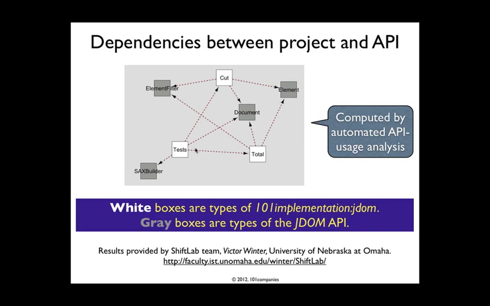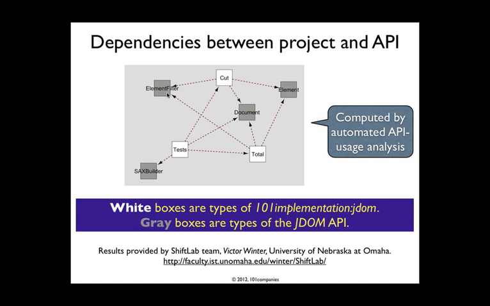So basically all the white nodes are classes of the implementation, and the gray nodes are types of the JDOM API. And as we clearly see, for example, the tests class essentially only depends on Document, because of course it has to load a document for which it uses the SAXBuilder type, whereas the cut and the total classes, which actually query and transform, also deal with the Element type and with the ElementFilter type.